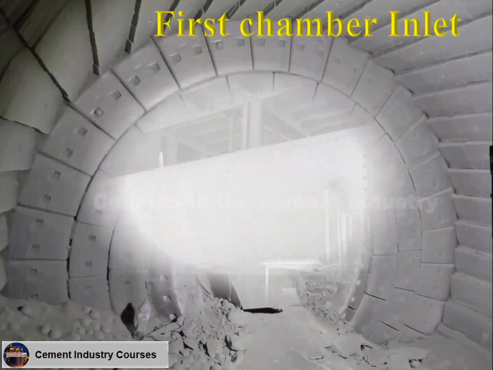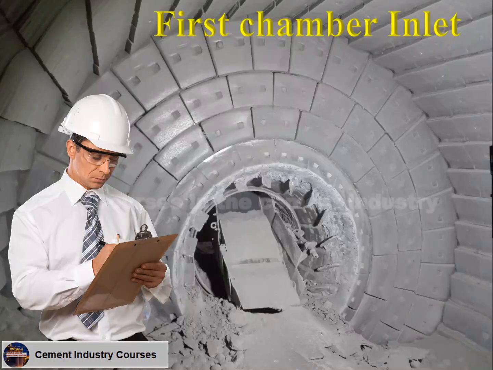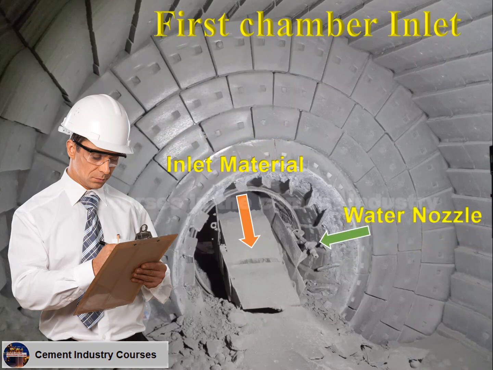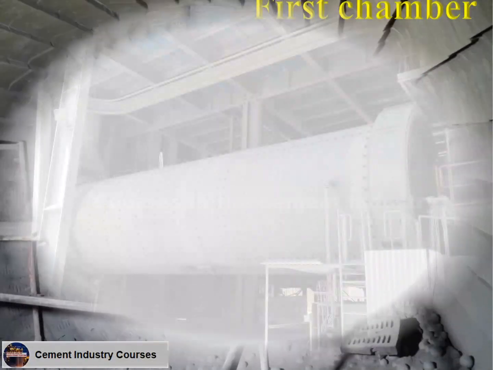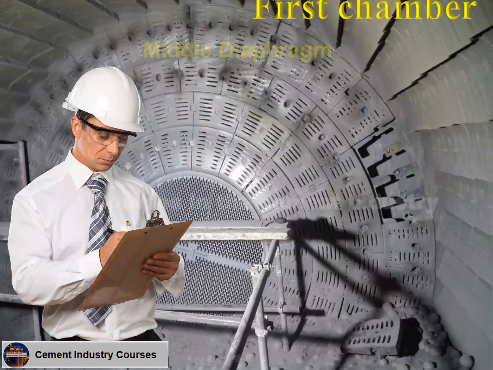This picture from the site shows the components inside of a ball mill. First chamber. Inlet material. Water nozzle. And shows the inside of a ball mill. First chamber. Middle diaphragm.